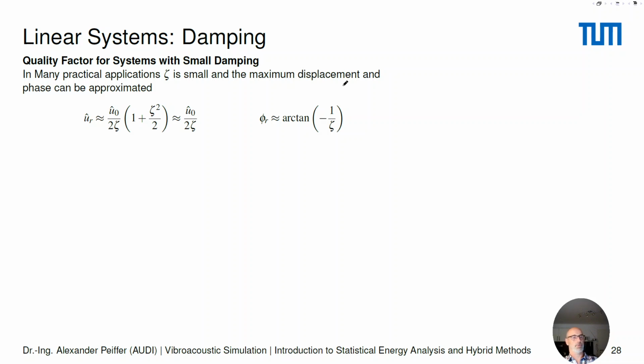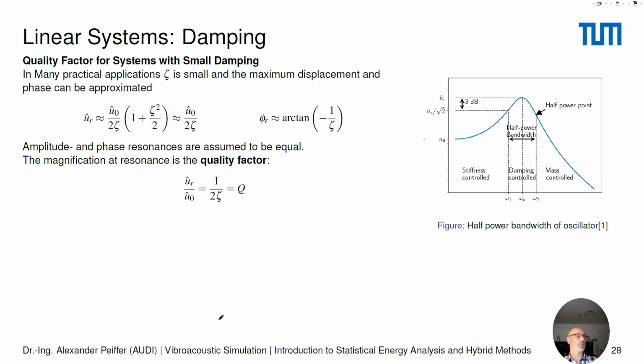That means we can approximate our maximum displacement by a much easier expression. So we just neglect this term, because that's small and it's a squared figure. This will give us this approximation, and this will lead to a much easier expression for the phase value also. So it's just dependent on the viscous damping ratio.